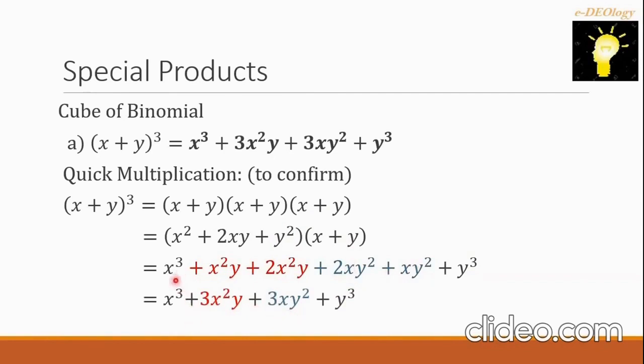So copying the x cubed here, copying the y cubed, we have this x cubed plus 3x squared y plus 3xy squared plus y cubed. So this is our final answer. And we can see that this answer here is the same with our special product written on top.